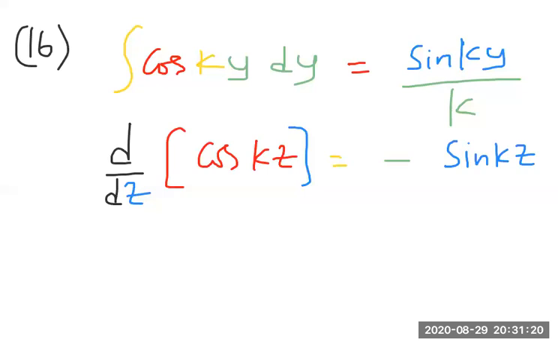But you must not forget this k. K is an internal constant that you have to multiply. In differentiation we multiply that constant, and in integration we divide by that constant. I hope you are following these things. Like that, we can do these things.